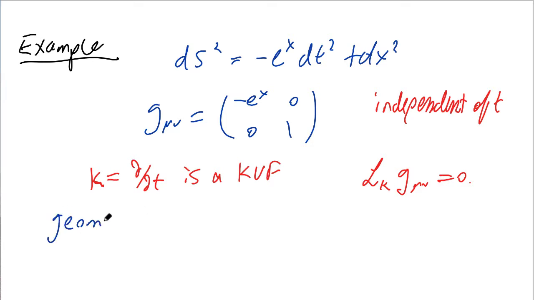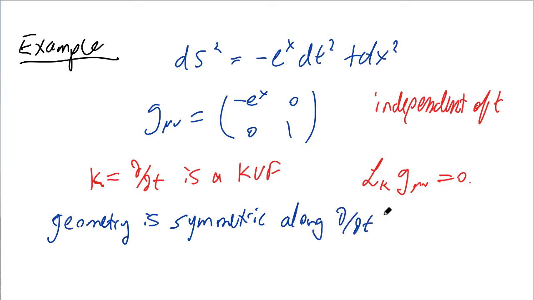So the geometry is symmetric along the d by dt direction. In fact, if we look more closely, here's the coordinate grid. Here's what I'm calling the t direction, d by dt. Here's x.